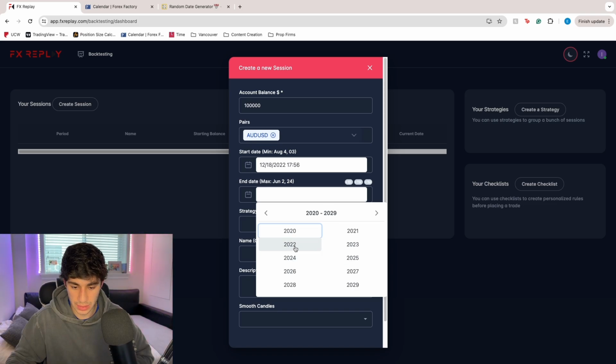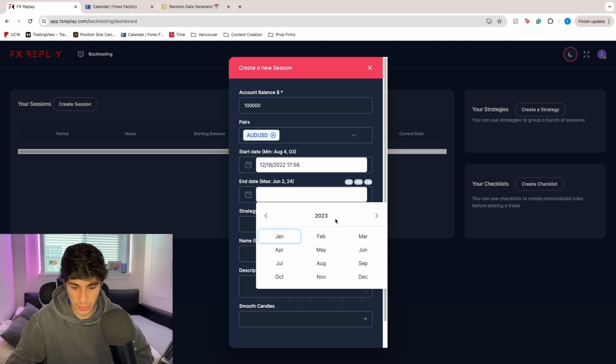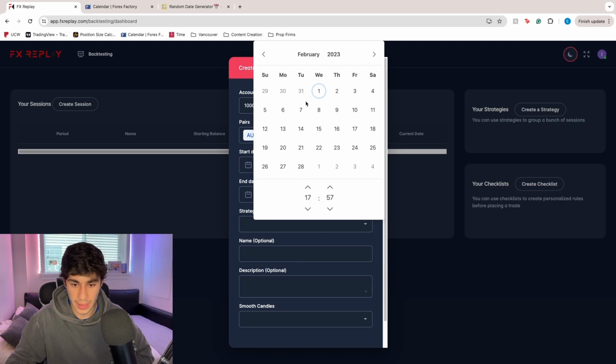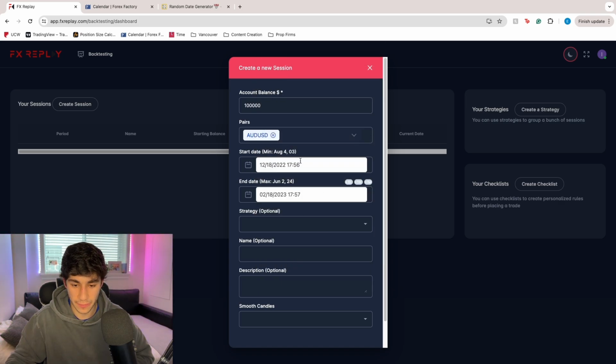So let's press here, it's going to be 2023, February 18th. So with that, we have 2 months, from December 18th, 2022 to February 18th, 2023.